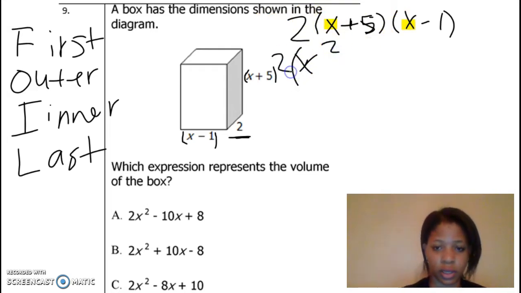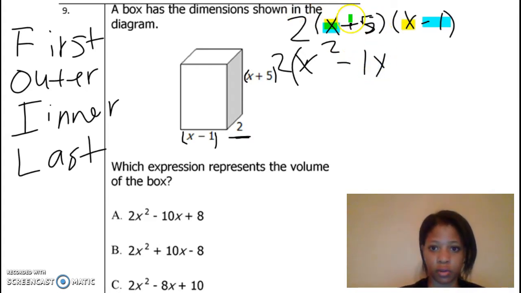I'm going to keep this 2 out here. Next I'm going to multiply my outer, so x times negative 1, which gives me negative 1x. Then I'm going to multiply my inner, which is positive 5 times x, which gives me plus 5x.